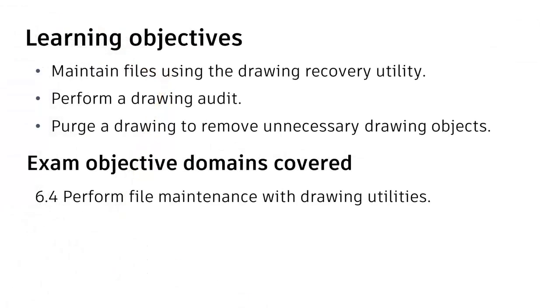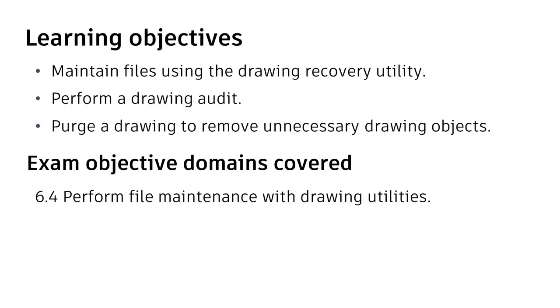In this video, we're going to take a look at how we can maintain our files using the drawing utilities in AutoCAD. We'll be looking at how the drawing recovery tools work in AutoCAD, especially when a file has been closed down unexpectedly. For example, you might have a power outage and your AutoCAD shuts down without you shutting it down following the relevant process.